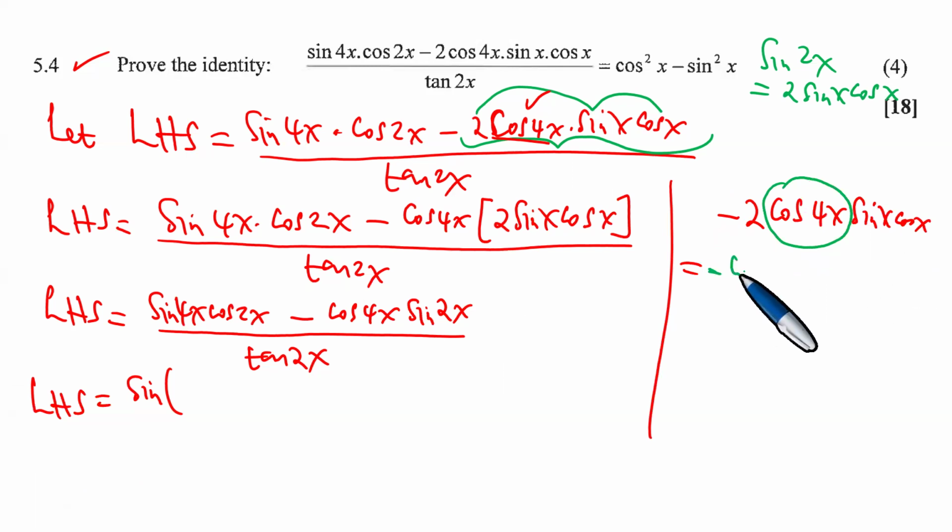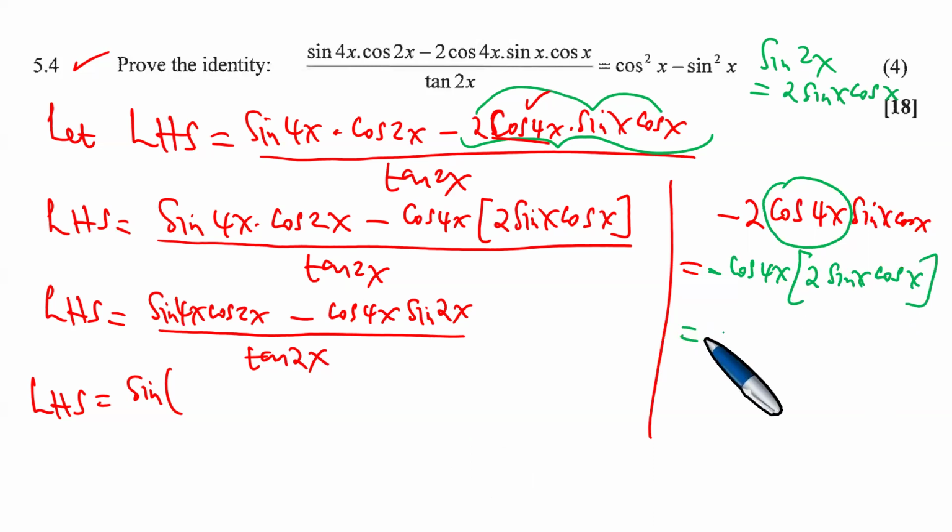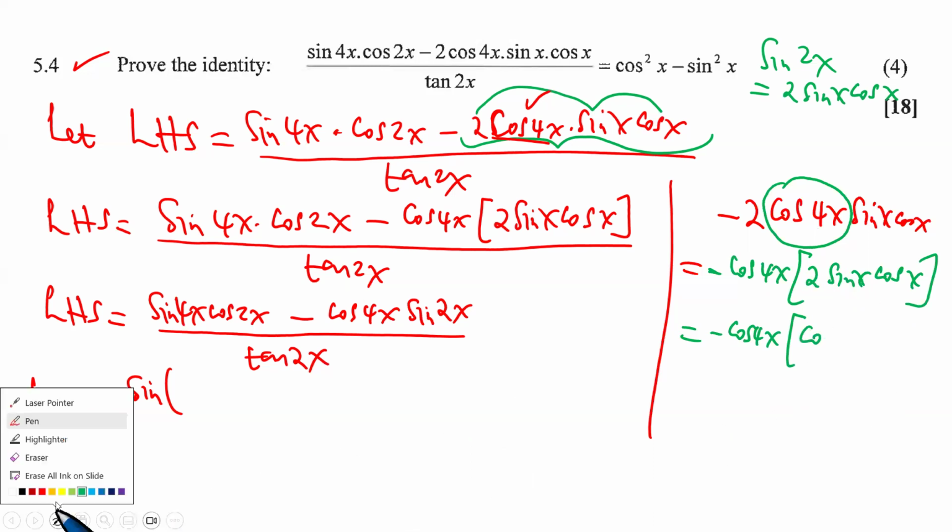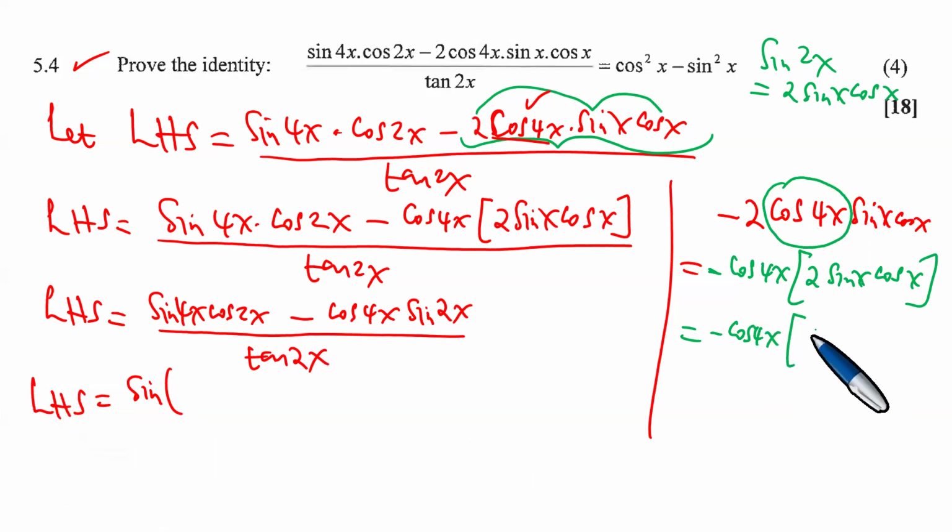So if you have minus cosine 4x, which is 2 sine x cosine x, right, we took out minus cosine 4x, and then you're left with 2 sine x cosine x, and therefore this 2 sine x cosine x is actually the sine of 2x, the trigonometric sine of 2x, which is this, right?